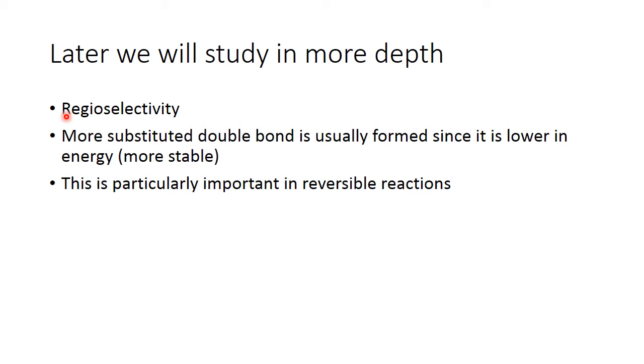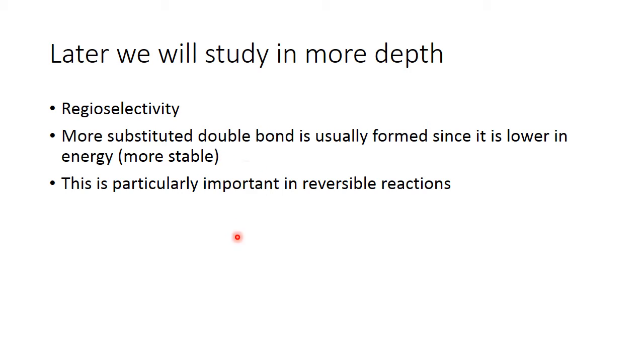Later on, we're going to study in more depth the regioselectivity of the reaction. Regioselectivity means where does the functional group end up? And what we will see is the more substituted double bond is usually formed, since it's lower in energy, it's more stable, so the reaction heads that way more easily.